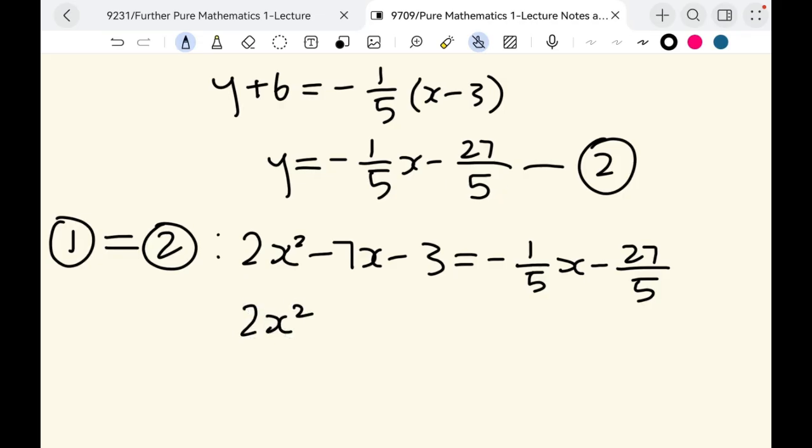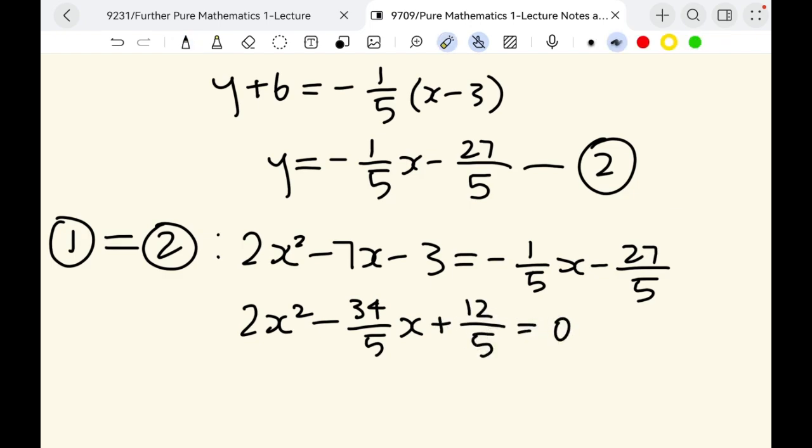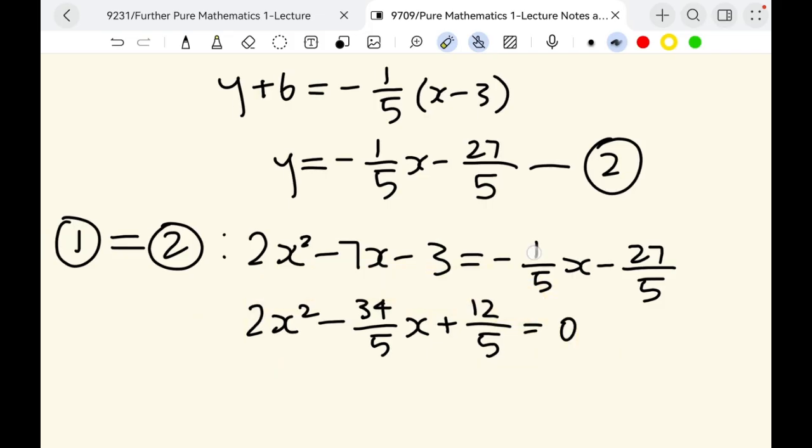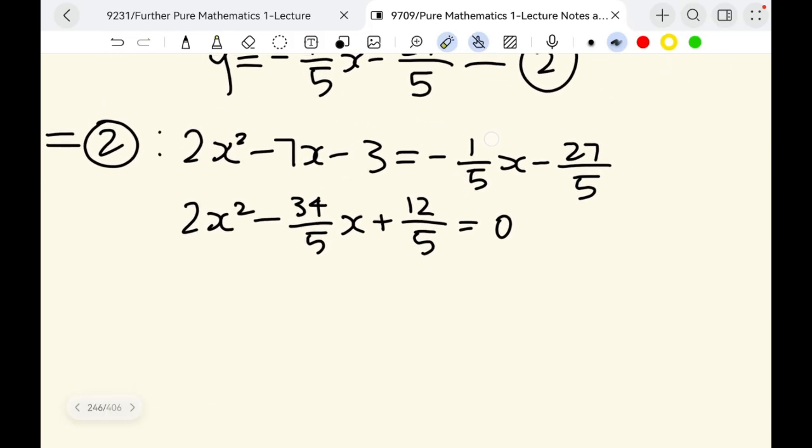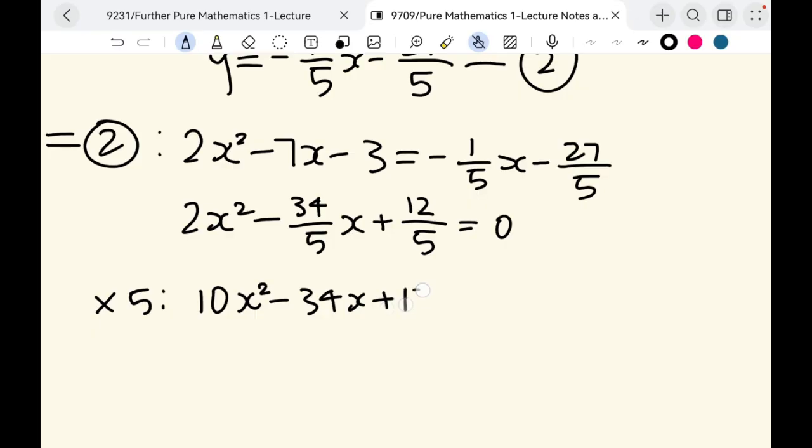2x squared remains, and what about this negative 7? Which is negative 34 over 5 x. Negative 3 plus 27 over 5, positive 12 over 5. I don't want to make my quadratic expression complicated, so let's get rid of the fractions by multiplying by 5, which gives 10x squared minus 34x plus 12.